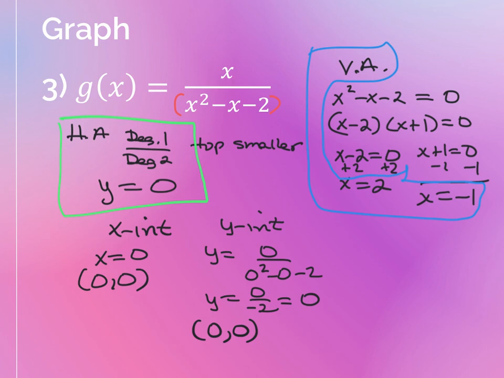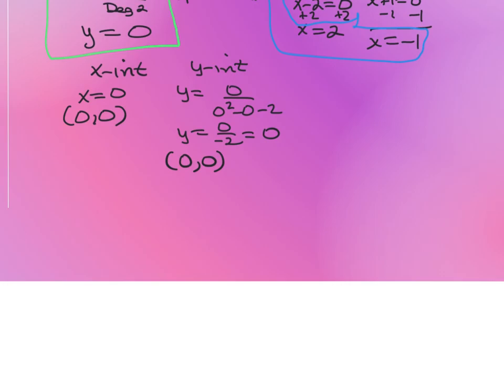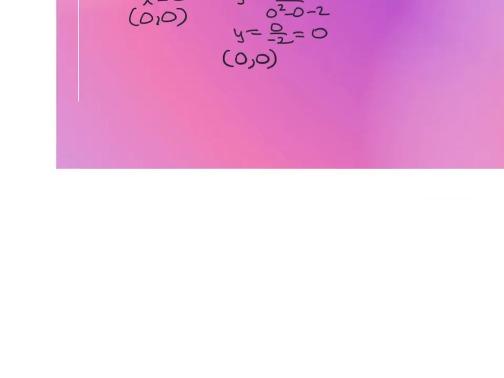So let's go ahead and get these pieces of information on my graph, and then we're going to look for additional points. So I'll go ahead and make my coordinate plane. I'm going to do it down here in the white part. So I had a horizontal asymptote at y equals 0.